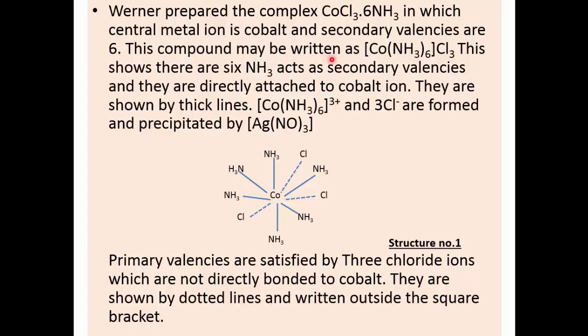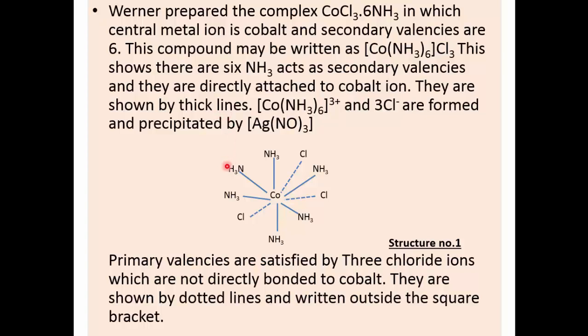Let us see number 1, Co(NH3)6. These are written inside the square bracket, and outside the square bracket there are 3 chloride ions. That means these 6 ammonia molecules act as secondary valencies and are directly attached to the cobalt ion. They are shown with the help of thick lines.